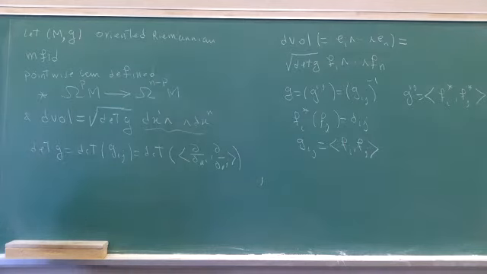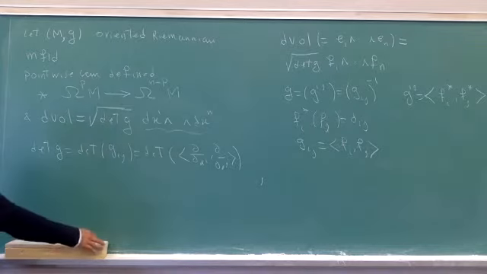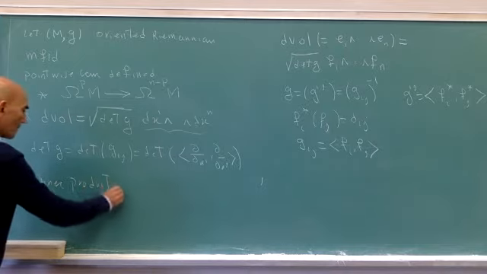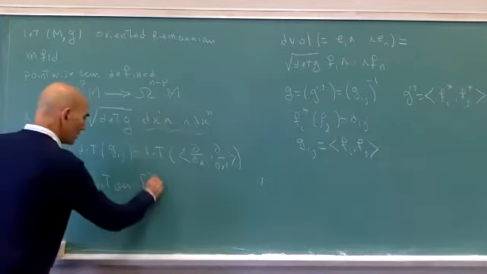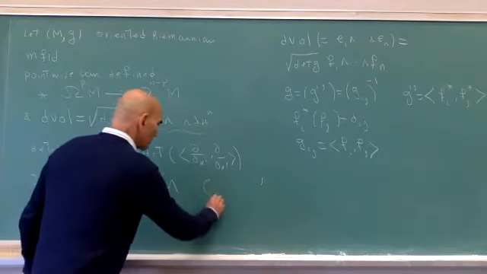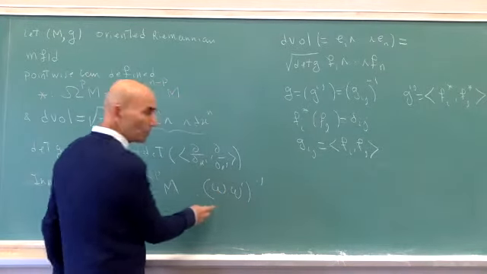So using this, we can define an inner product on Omega^p(M). The notation I use is this curly bracket, omega and omega prime. This is going to be a number.